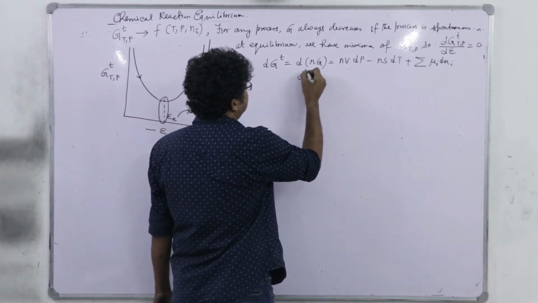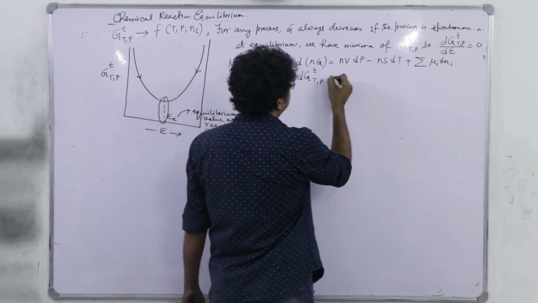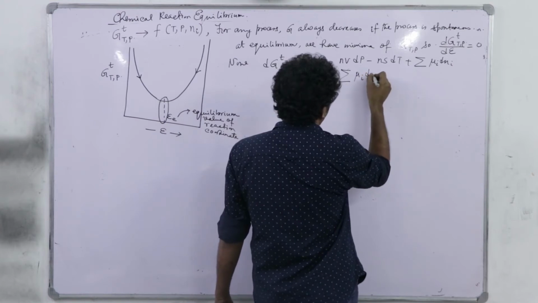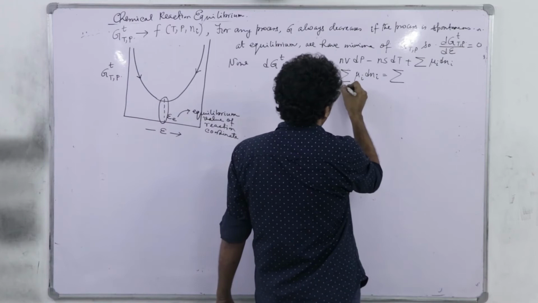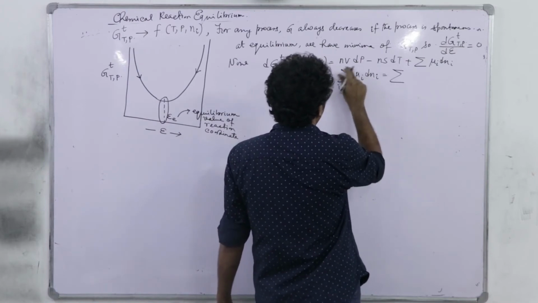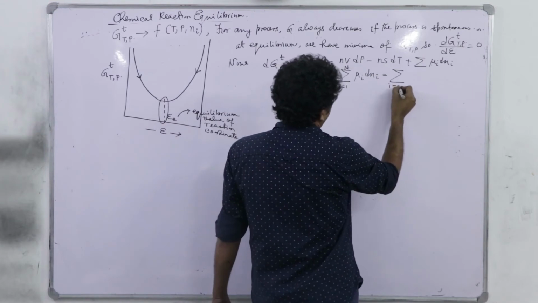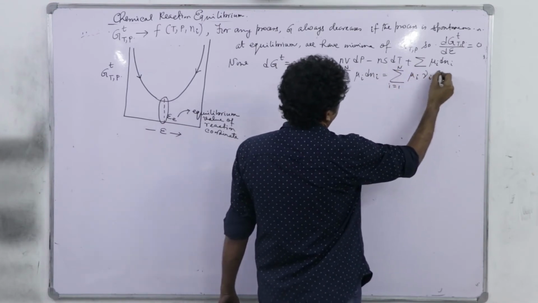So, d of Gt at T and P is equal to summation of mu I dni, and we also can write that I equal to 1 to capital N, mu I dni, and dni is nu I into d epsilon.